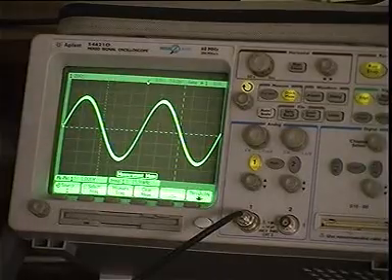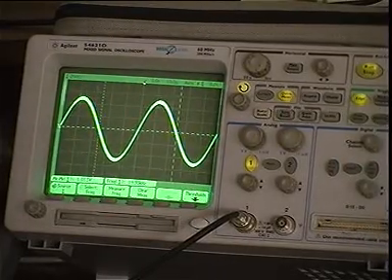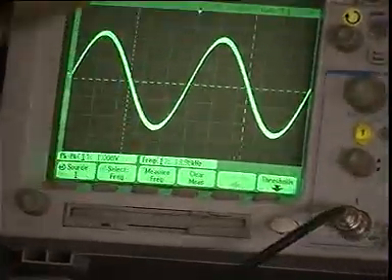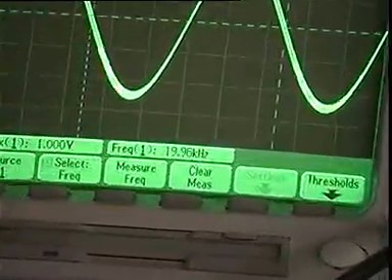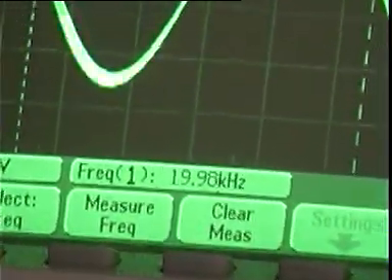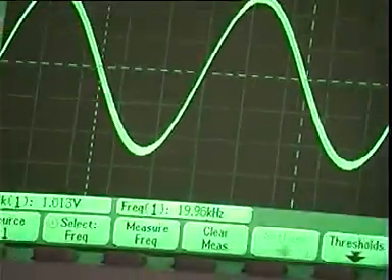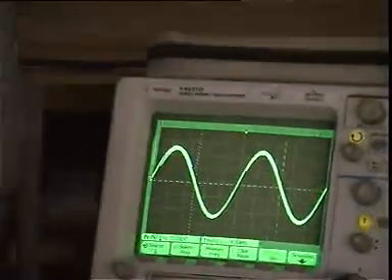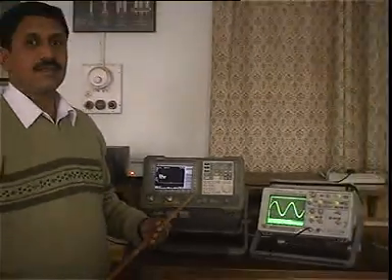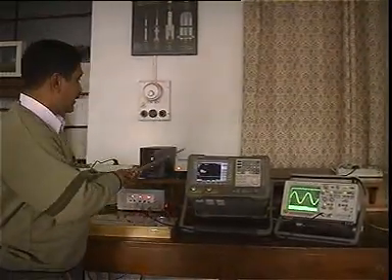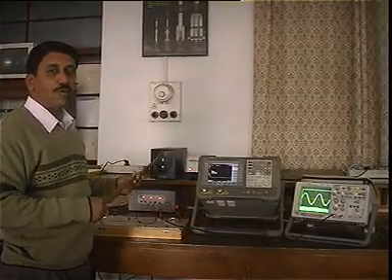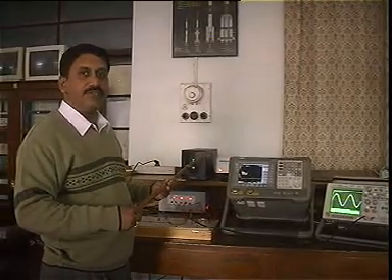So this is the message signal I have, the sinusoidal signal, and the oscilloscope measures the frequency to be about, let's say, 20 kilohertz. So the message bearing signal, the sinusoidal signal, has a frequency of 20 kilohertz. The carrier has a frequency of 500 kilohertz. Now what we'll do is, we'll give this message signal that is coming from this function generator to the input of the VCO. At the output of the VCO, I would expect a frequency modulated signal.